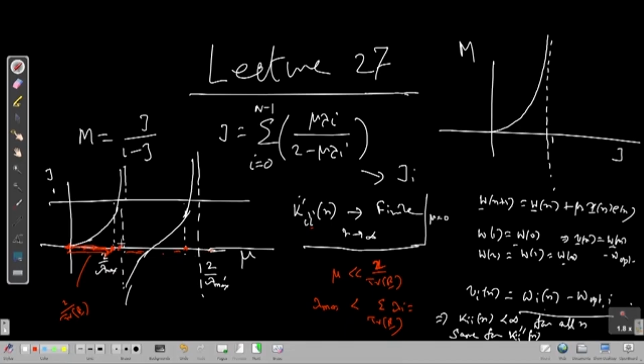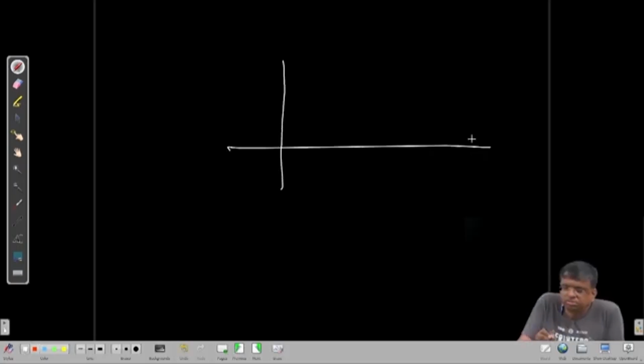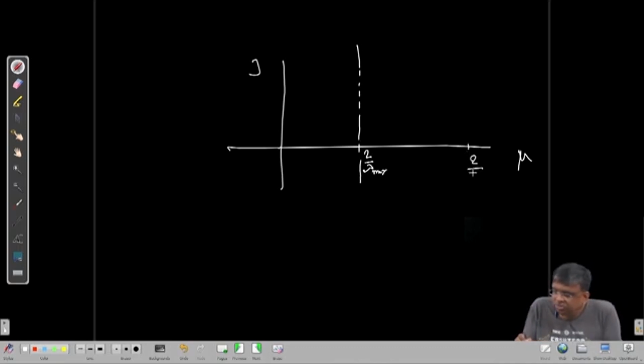These are the points. Okay, let me draw again. This is my j, this is my mu, and j will shoot up to infinity at 2 by lambda max, then next time 2 by lambda max prime maybe, like that.